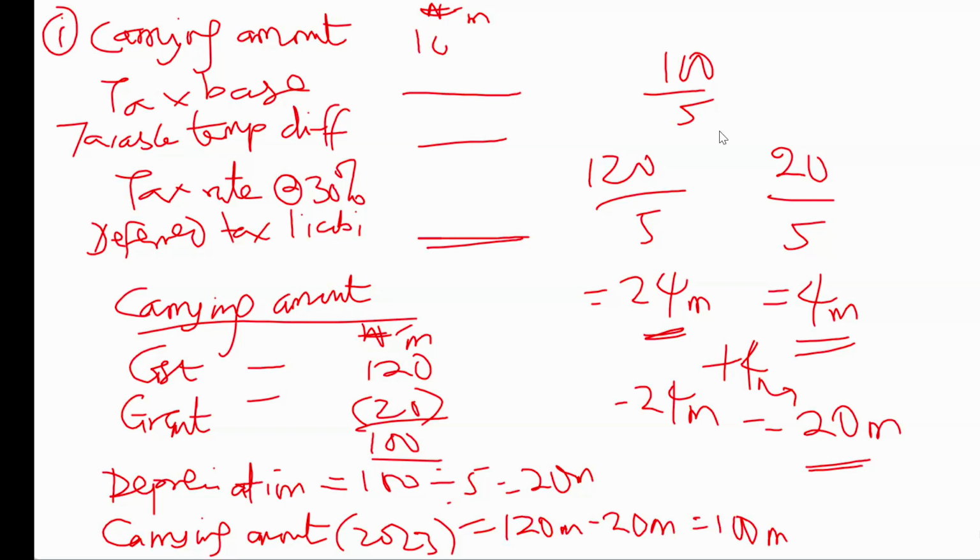The net cost now is 100 million, not 120 again, and this should give me 80 million. So that 80 million, I'm bringing it here.